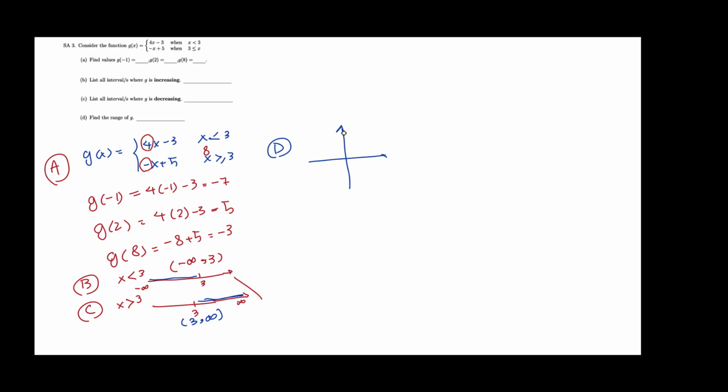If I plug in x equal to 3, it's going to fit in here. So g of 3 is -3 plus 5, equal to 2. And so at (3, 2), I have a line going downward like this.